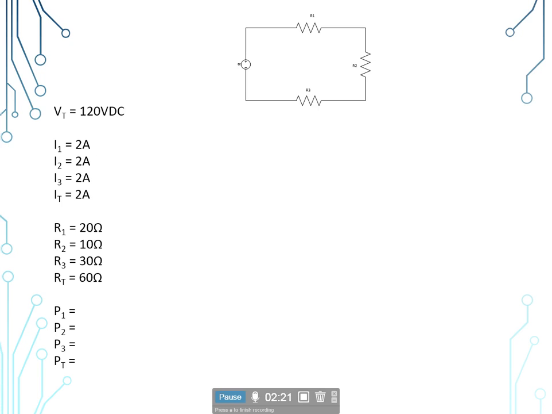Now that we have all of our currents and all of our resistances, we can find our voltage drop. Voltage drop is simply the voltage that we would measure across a component in a circuit when the circuit's energized. Even when we're reading the voltage of a battery or our power source, we're reading a voltage drop. It's the total voltage, but that's all a voltage drop is.